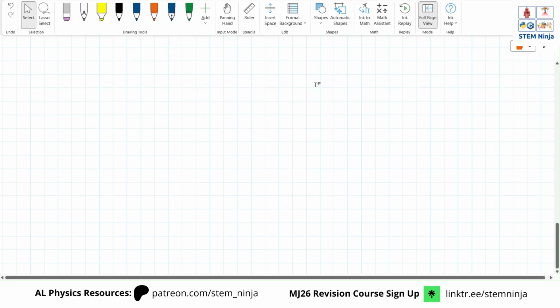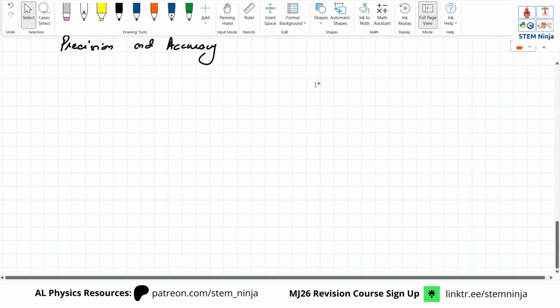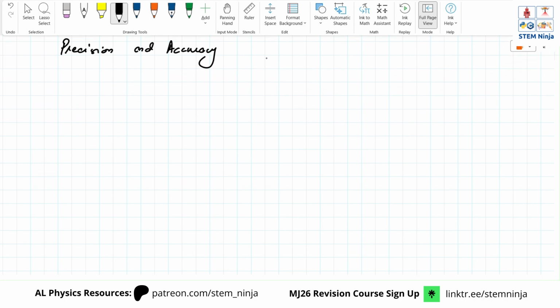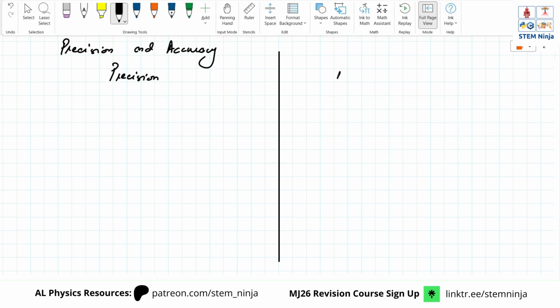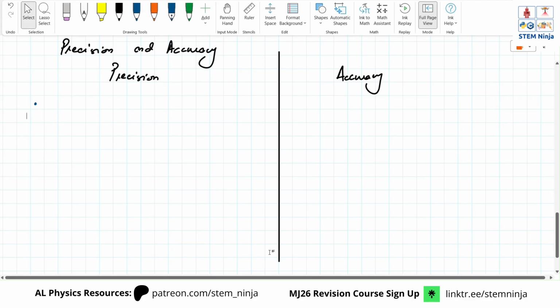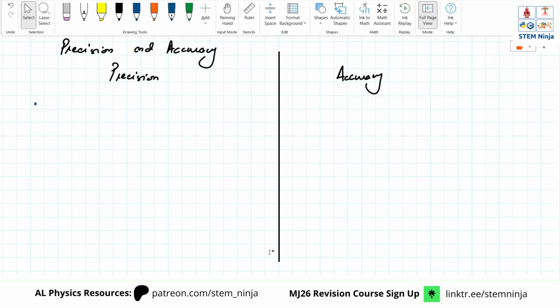Let's see what these are and how systematic and random errors play a part in this. Precision: we know what precision means. It's the quality of readings to be close to each other.